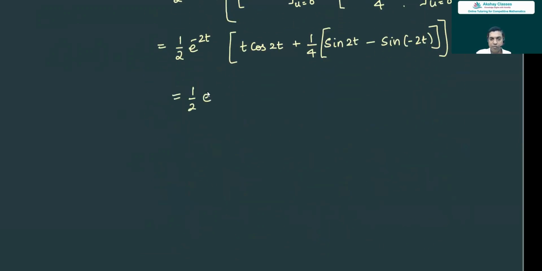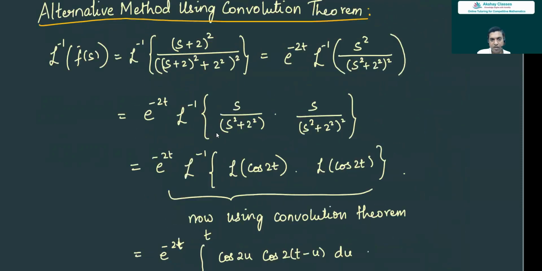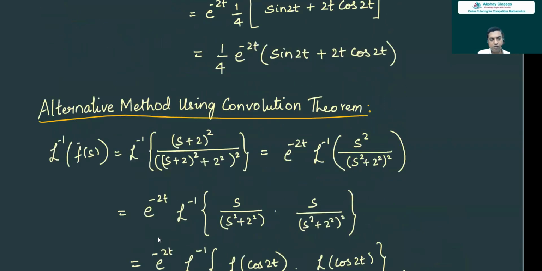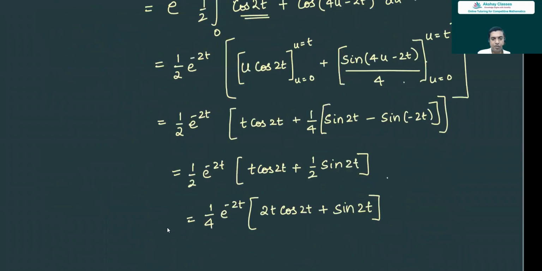So I'll get 1 by 2 e power minus 2t, t cos 2t plus, I'll get, half sine 2t. Pull this out 1 by 4. Let's look at the previous answer. 1 by 4 e power minus 2. I'm taking half outside. So I'll get 2t cos 2t plus sine 2t. So this is the answer.